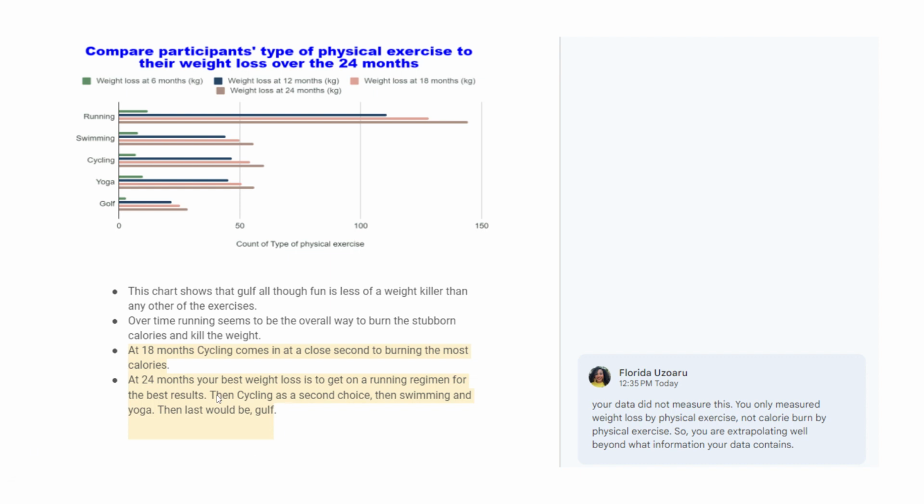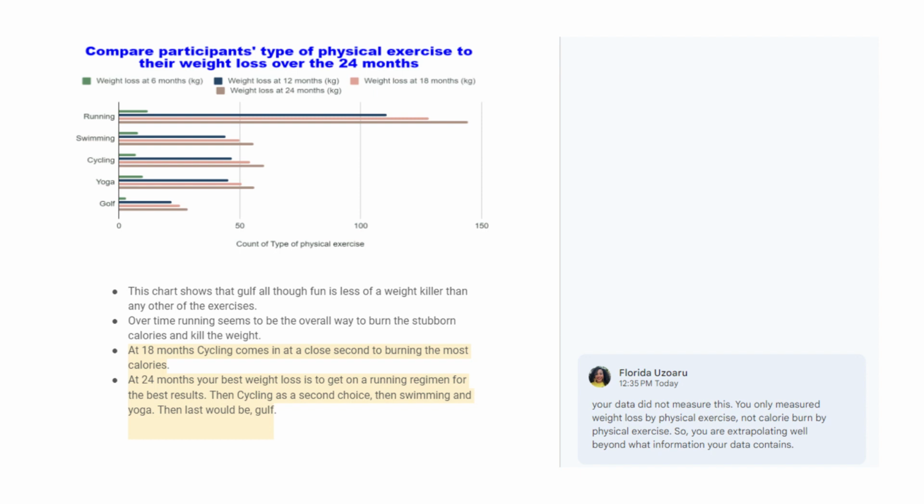You can't make that interpretation from this because that's not what the data is giving at all. And then the other one says at 24 months, your best weight loss is to get on a running regimen for best results. Also, that is not what this data is showing.